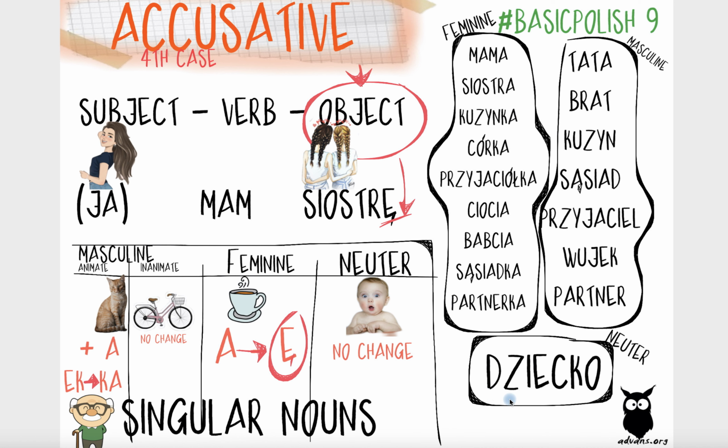So in order to say I've got a child, first you need to acknowledge that there is no change for neuter nouns. So you don't need to worry about anything. You just say mam dziecko, right? That's I've got a child.